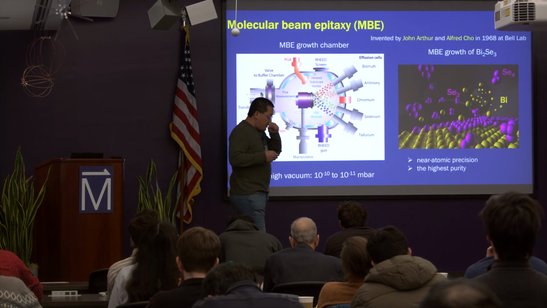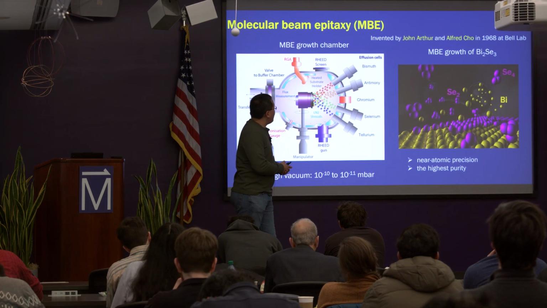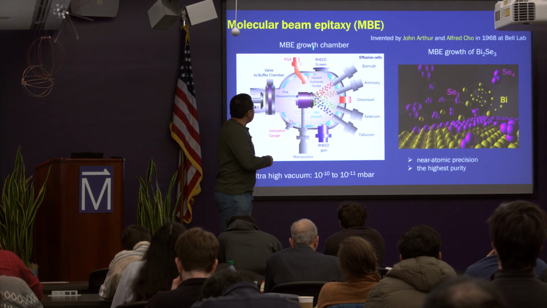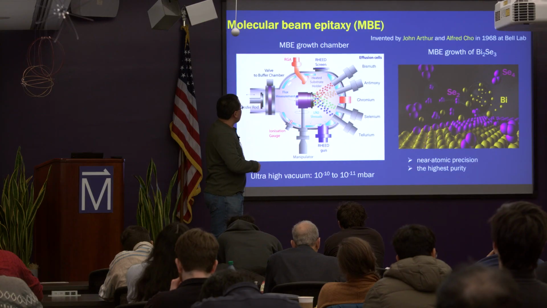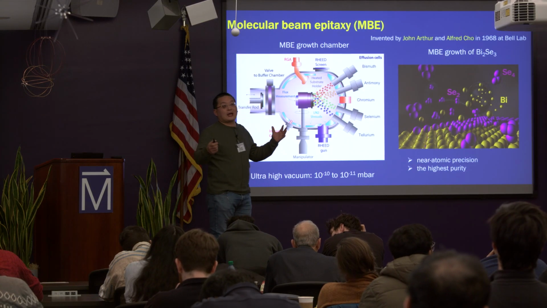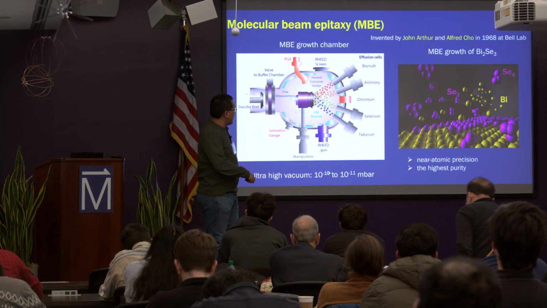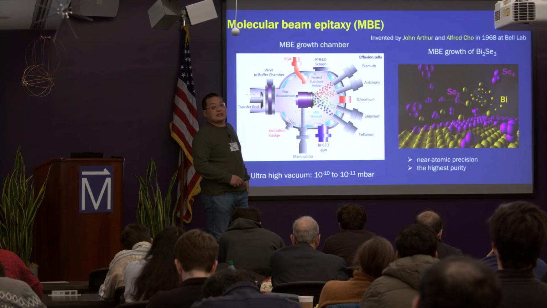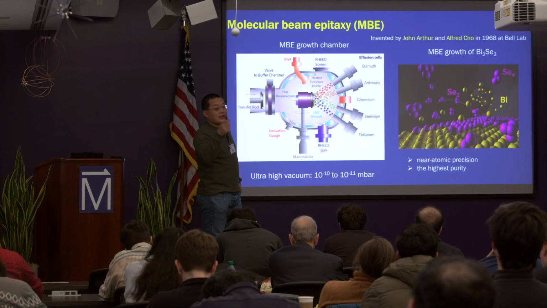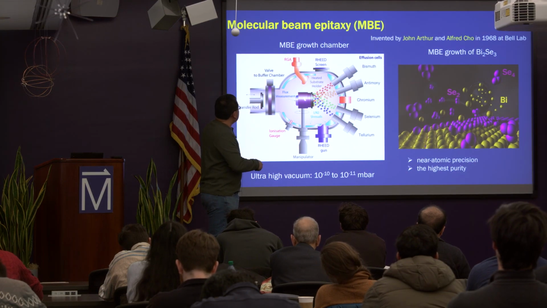Here, let me briefly introduce molecular beam epitaxy. This is the MBE growth chamber. Usually we use several kinds of pumps to get really high vacuum, 10 to the minus 10 or 10 to the minus 11 millibar, just like in this room there are 1 or 2 atoms. Here, this is the manipulator.